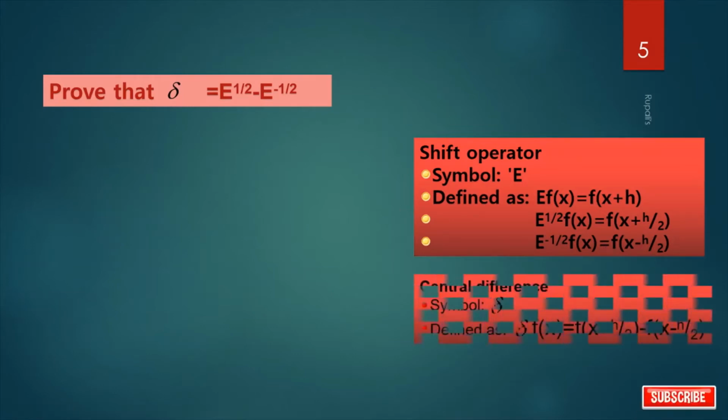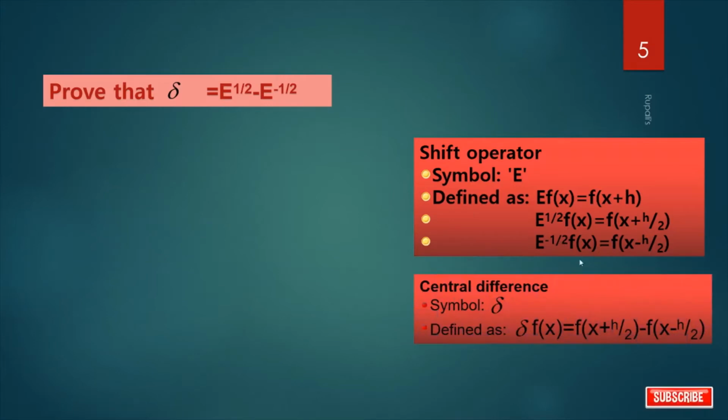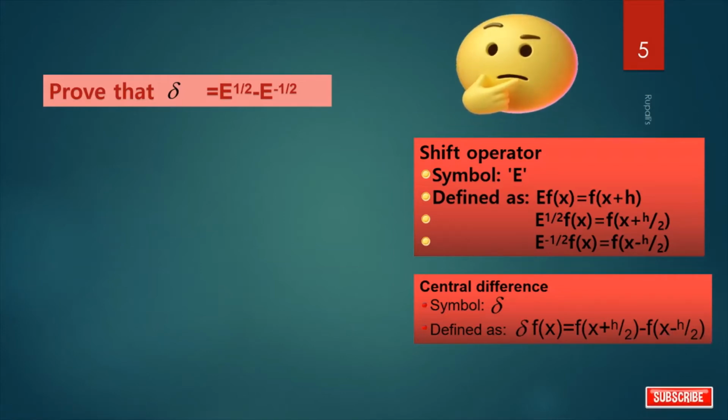Another hint is the central difference operator, symbol is small delta defined as delta fx equals fx plus h by 2 minus fx minus h by 2. Now, think. I am giving 5 seconds for you.